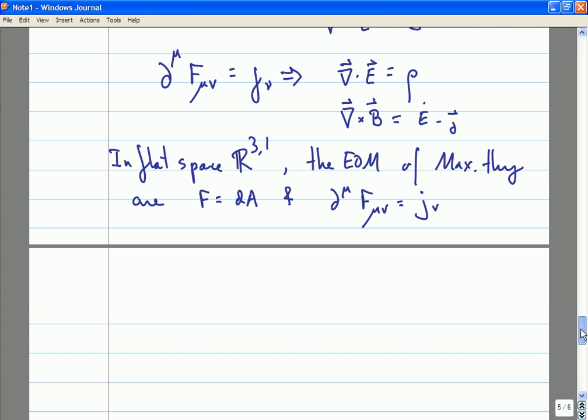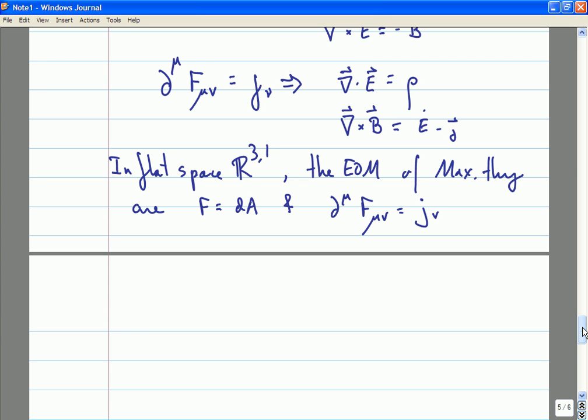So now we plug this into our covariantizing machine and we turn the crank in order to write down Maxwell's equations in curved space. Maxwell's equations in curved space-time, well, what are they?